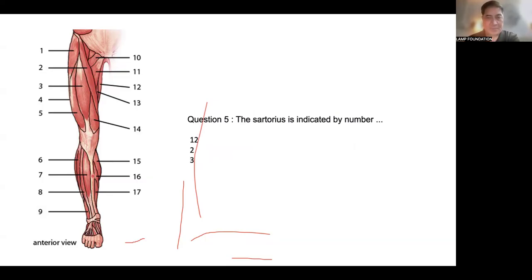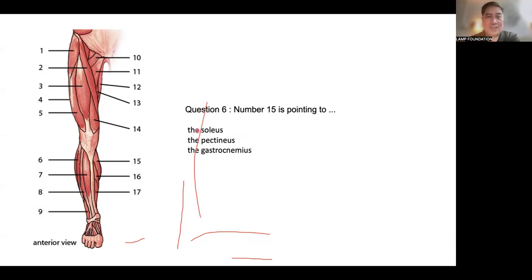Sartorius is what number? Number 2. It's the only muscle na nag-diagonal. Sartorius. Number 15 is pointing... You try stroking that area. The sartorius. I'm touching it.